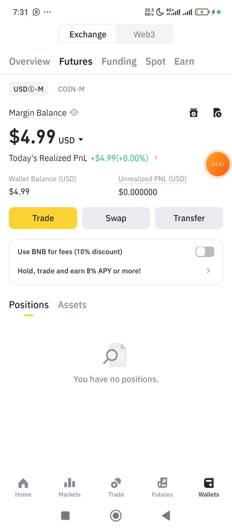Now please note that while you are trading on futures, you trade based on the signal that is being given to you. If you are a new person, or either a new or an old person, if you are someone that depends on signal, when signal is being given to you, trade according to what the signal says. You understand me? But if you are someone that analyzes the market on your own, I'm pretty sure that you already know how to navigate through.